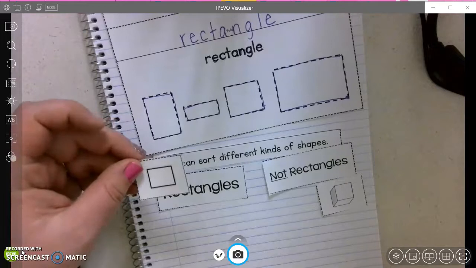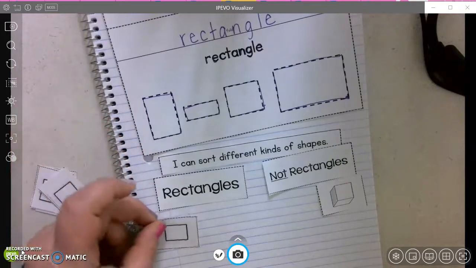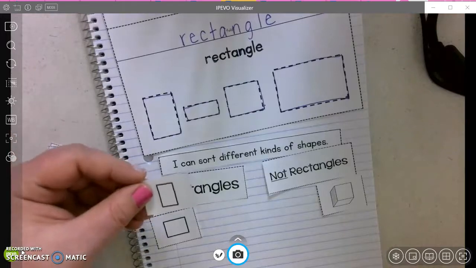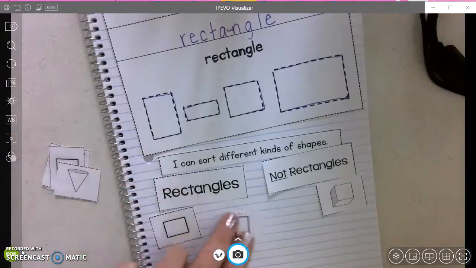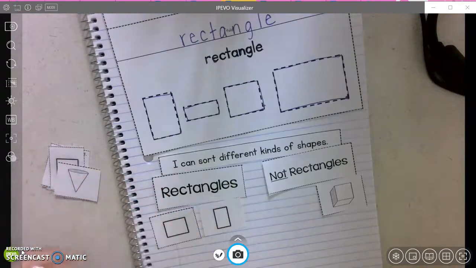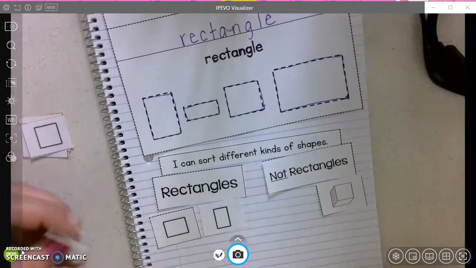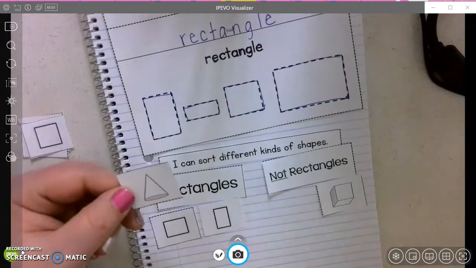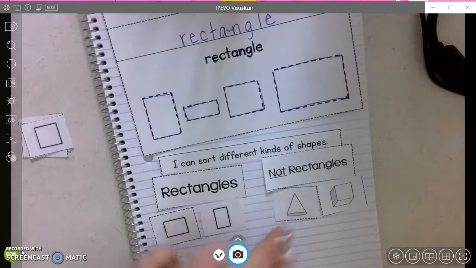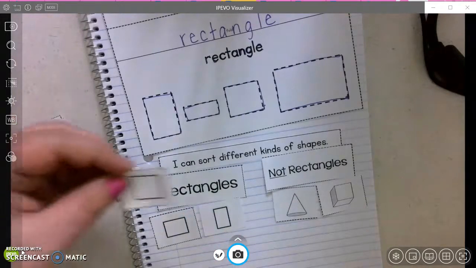Is this a rectangle? It sure is. What about this one? Yeah. So it doesn't matter if a rectangle's short sides are on the side or the top. Okay. Is this a rectangle? No, not the cone. Is this a rectangle?